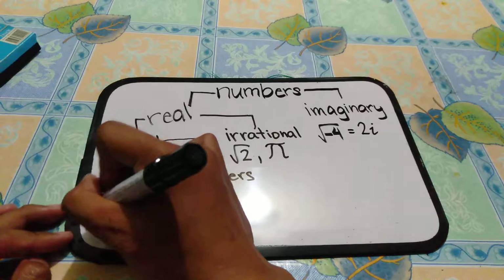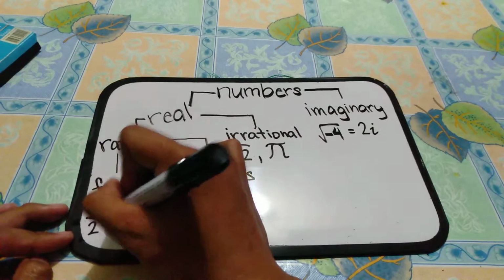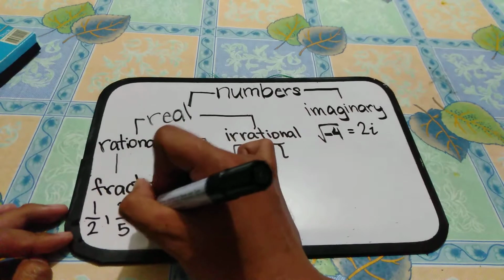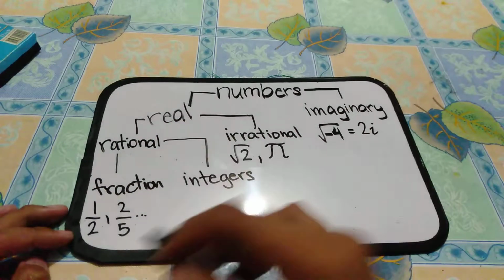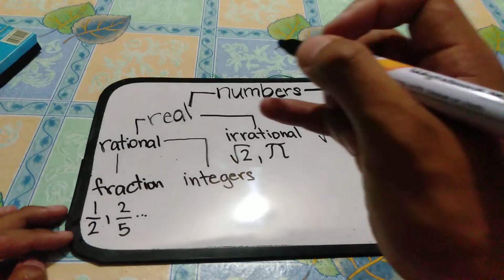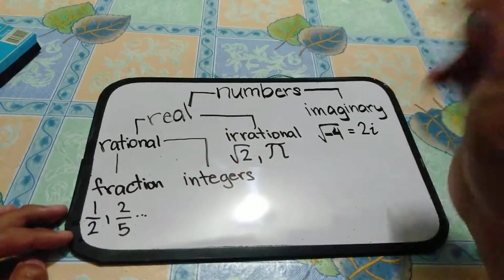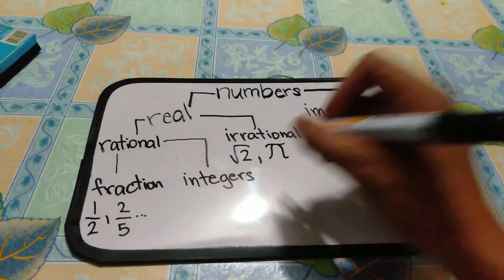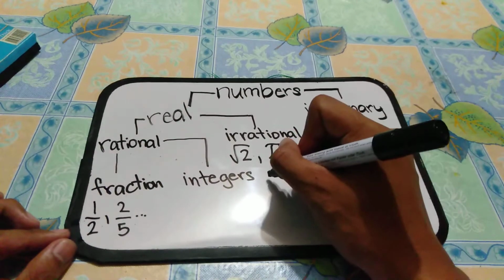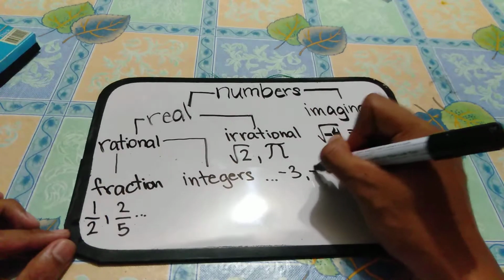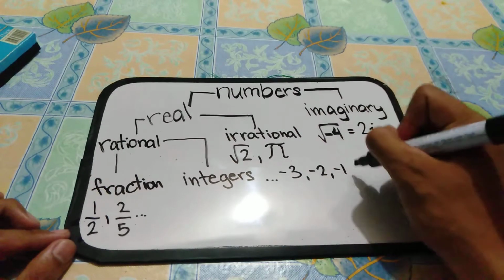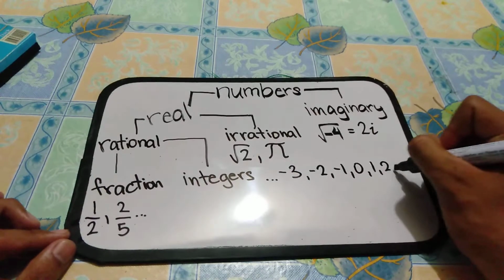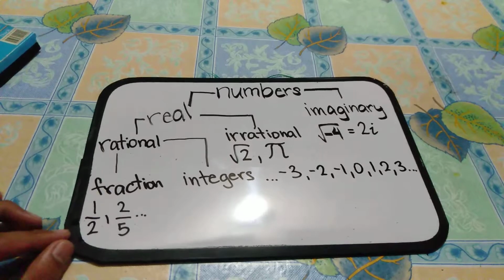For example, we have 1/2, 2/5, etc. That is fraction. Now the integers, it is the negative numbers, 0, and all the positive numbers. Let's have -3, -2, -1, 0, 1, 2, 3, and so on and so forth.